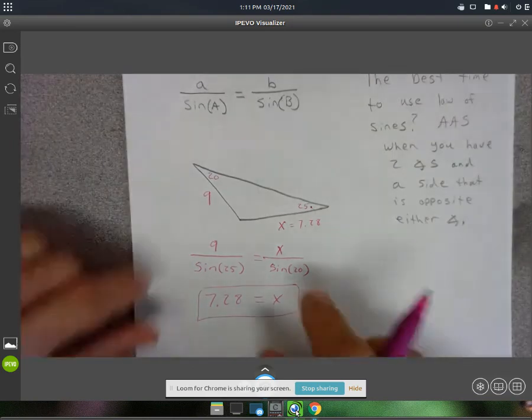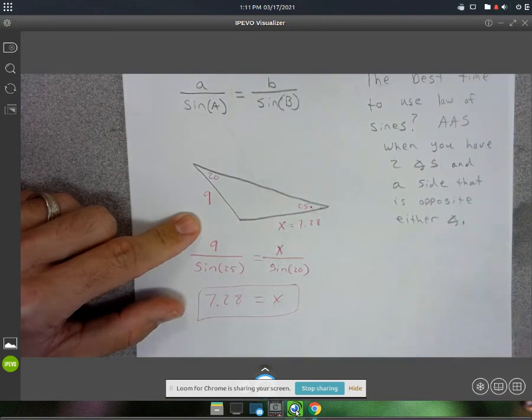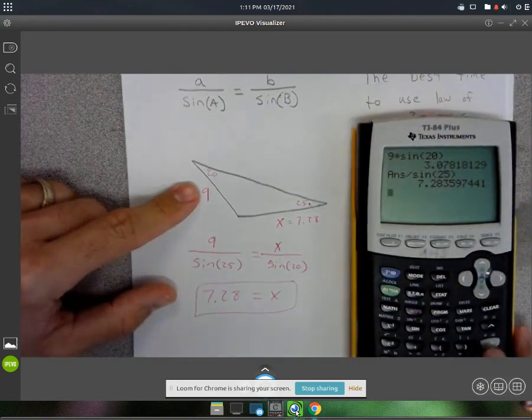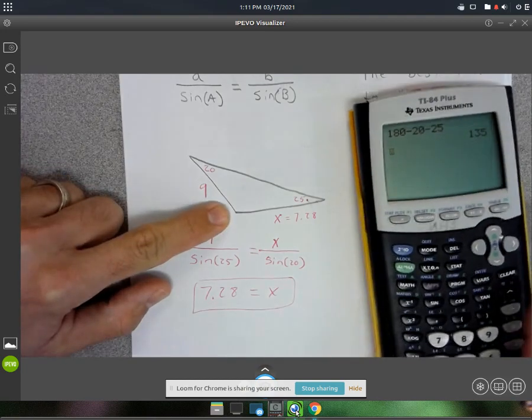The way I get it is I first need this other missing angle. Because these all have to add up to 180, that's easy. I just do 180 minus 20 minus 25, so I get 135 degrees here.